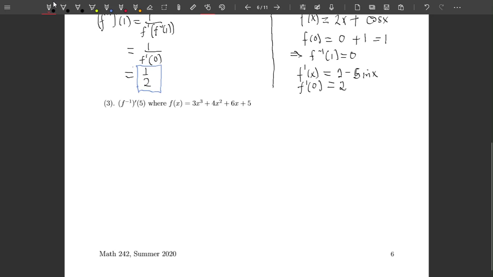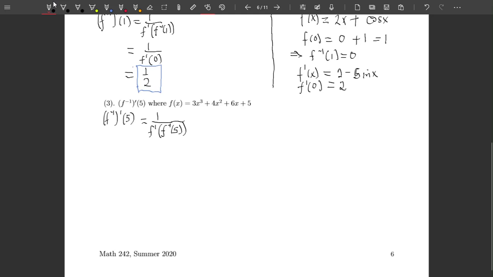Similarly, we go with the formula, and the formula says that f inverse prime of 5 is equal to 1 over f prime of f inverse of 5. So here we need f inverse of 5.